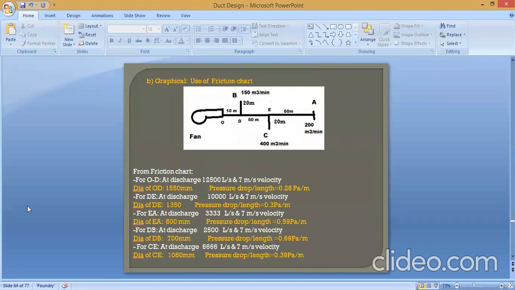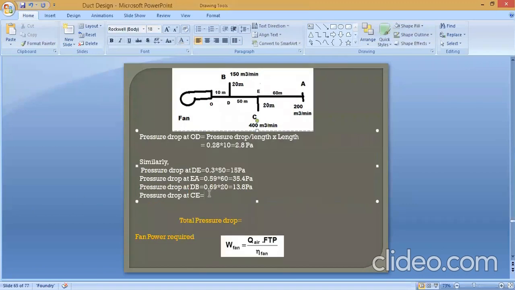For C to E it is 0.39 multiplied by length 20, which comes to be 7.8. Okay, so for the total pressure drop you can add all the pressures: 15 plus 13.8 plus 7.8 and so on.